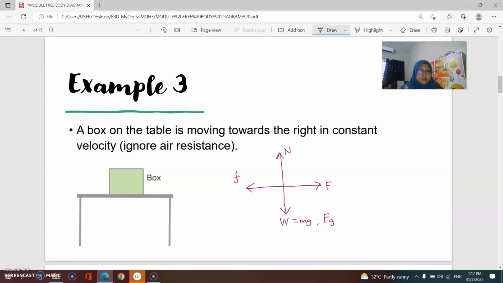So the applied force F is equal to the frictional force. This is according to Newton's first law. The applied force is equal to the frictional force, which means that the net force is equal to 0.